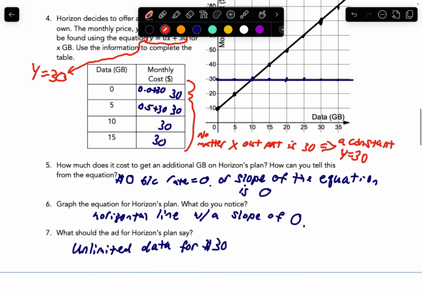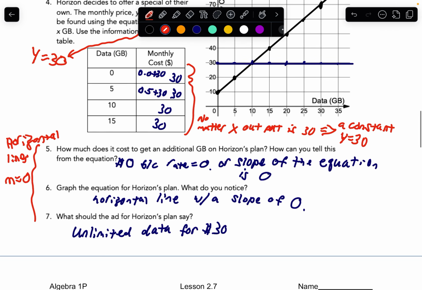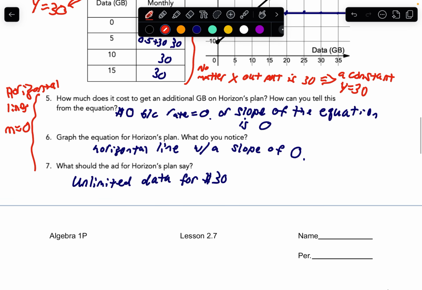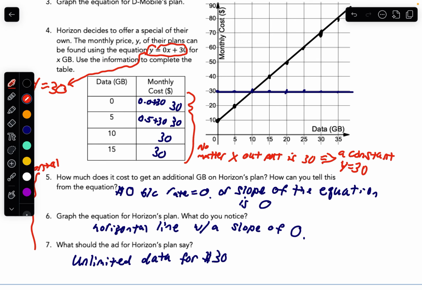This right here is a horizontal line, slope m equals 0. This equation right here is y equals 30.